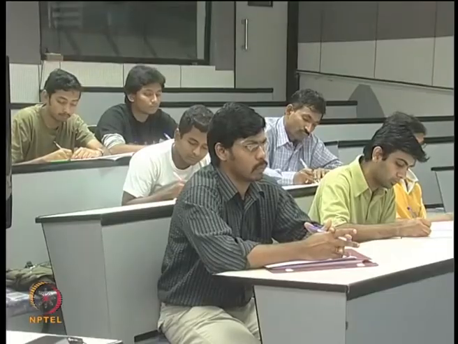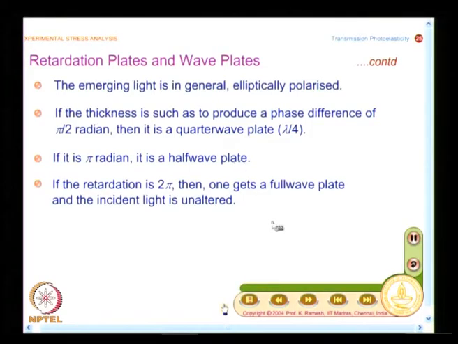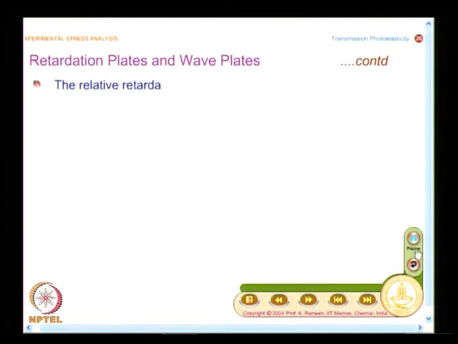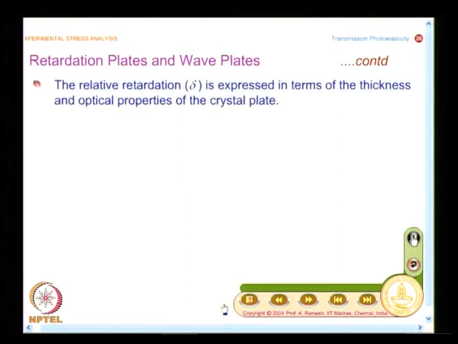Any changes in delta is reflected in the nature of exit light ellipse, and now we go back and find out whether delta could be evaluated from the parameters of the crystal, whatever the crystal plate that we think of. So, that we will do. What we want to do is express the relative retardation in terms of the thickness and optical properties of the crystal plate.